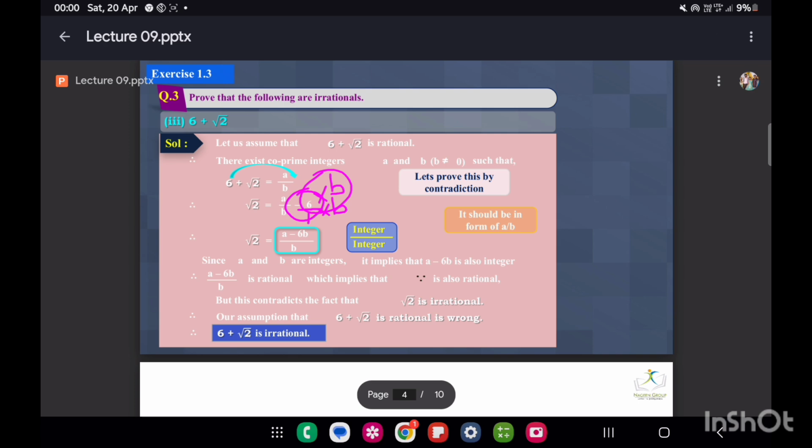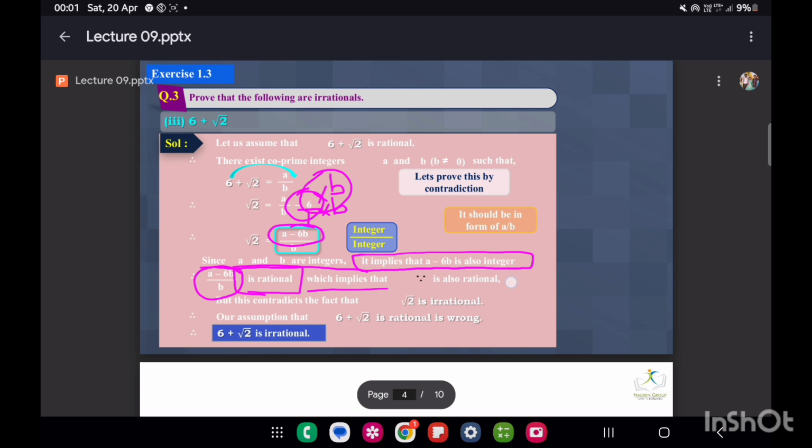Then we should make the statement: since a and b are integers, it implies that a minus 6b is also an integer. A minus 6b divided by b is rational, which implies that it is also rational.